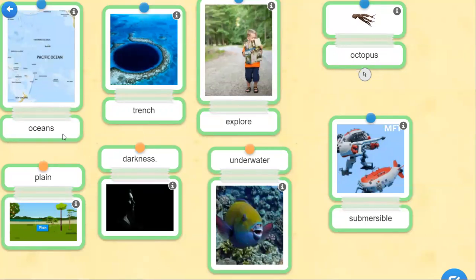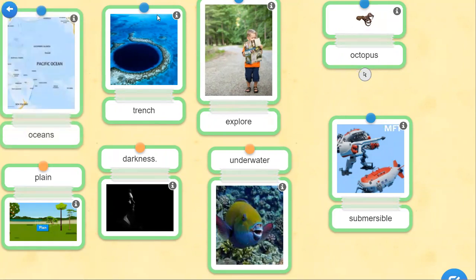Here is oceans. Here is trench. Here is explorer. Here is octopus. Here is plane. Here is darkness. Here is underwater. Here is submersible. Listen to the word. Oceans. Trench. Explore. Octopus.